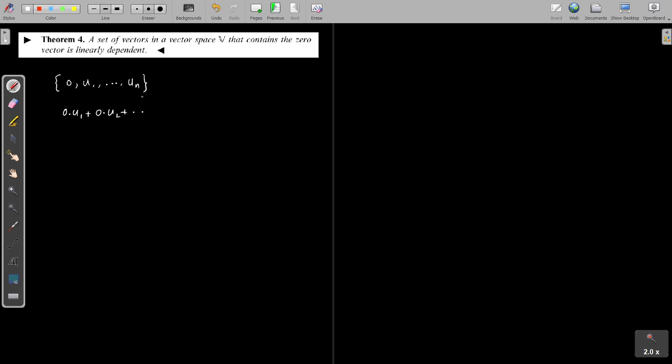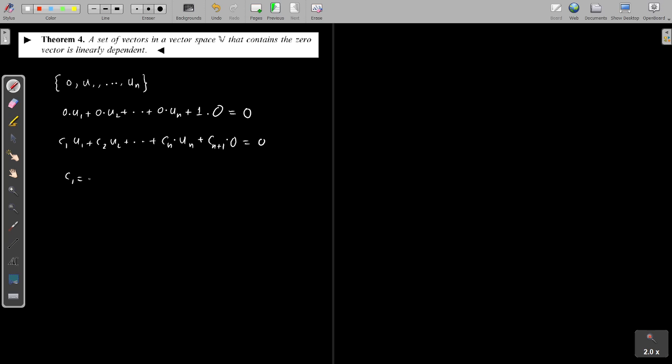The last one we can write as 0 times un plus 1 times 0. When you evaluate this expression, we have 0 plus 1 times 0, again that is 0. So you can get this linear combination equal to 0 with c1 equal to 0, c2 equal to 0, all the way up to cn equal to 0, but c(n+1) is 1, that times 0 equal to 0.